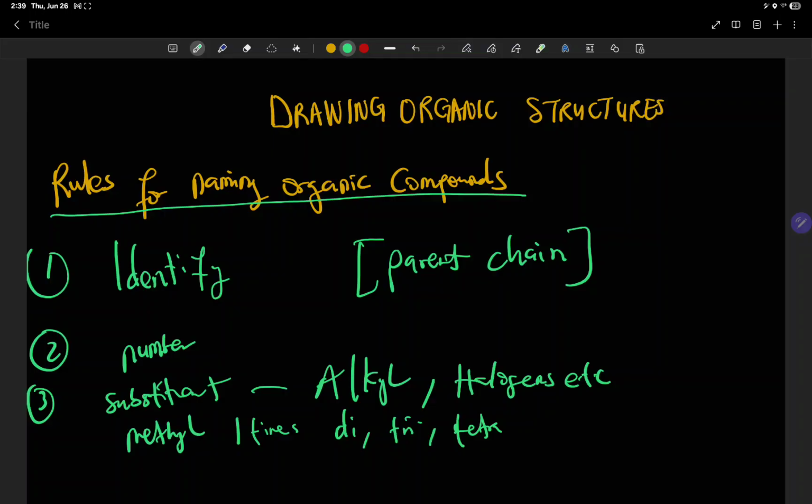Alright, so the next rule is to assign numbers to our substituents. After assigning numbers to our substituents, the next thing is to name the substituents. Okay, let us quickly go to naming our organic compound.